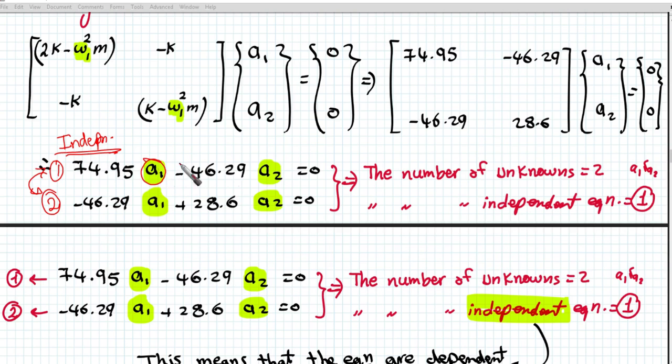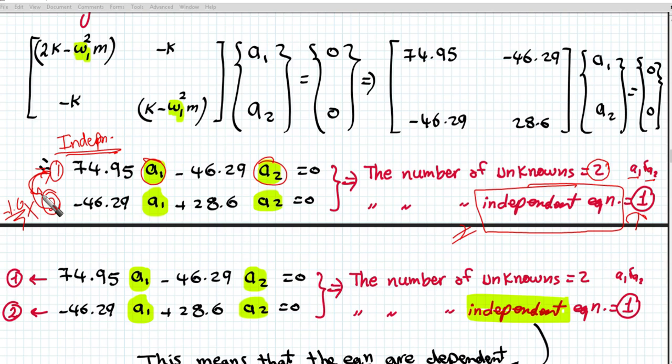How many unknowns do we have here? A1 and A2. So the number of unknowns is 2, but the number of independent equations is 1, not 2. As I said, if you multiply the second equation by 1.6, it gives you the first equation, so it is not an equation actually. It's a repetition of the first equation.